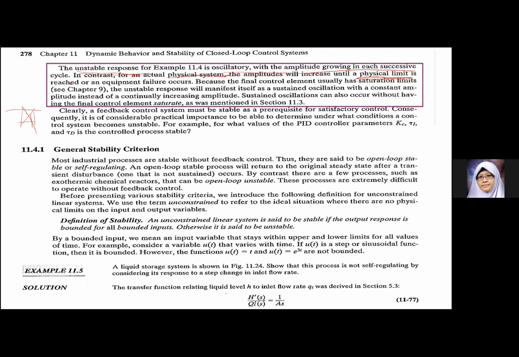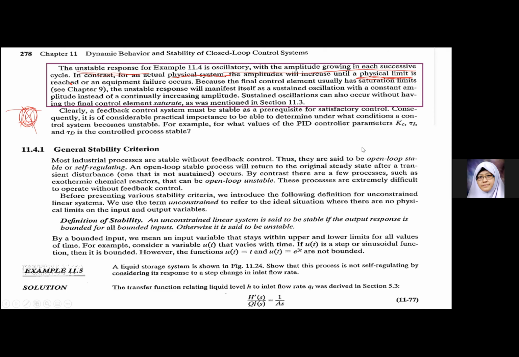There's always a maximum limit of the diameter of the pipeline. If you keep asking a valve to open to the maximum, it will fail very fast. The valve can get worn out very fast. This is what is meant by equipment failure.